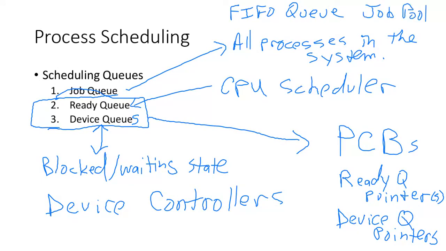Job pool, I think, were jobs that are not in memory but waiting to be loaded into memory so that they can be executing. I don't know if I'm mixing up job pool with job queue.